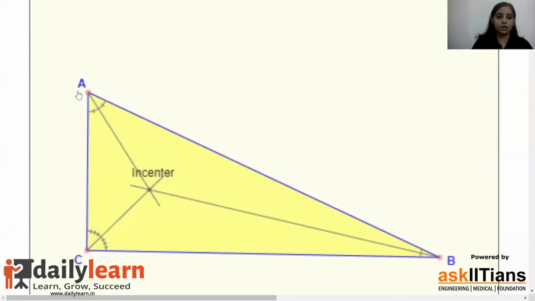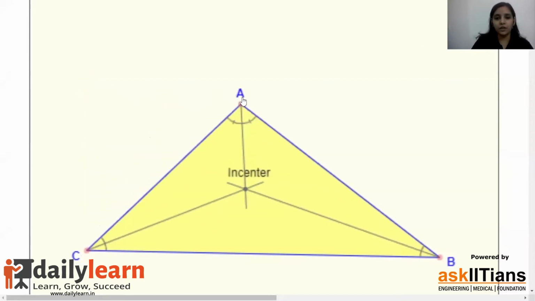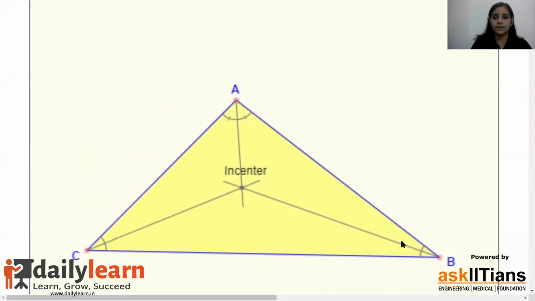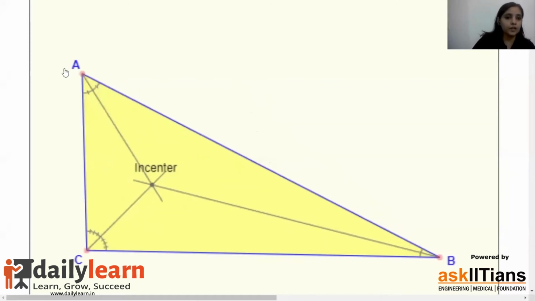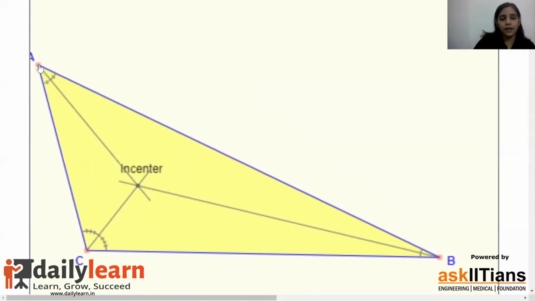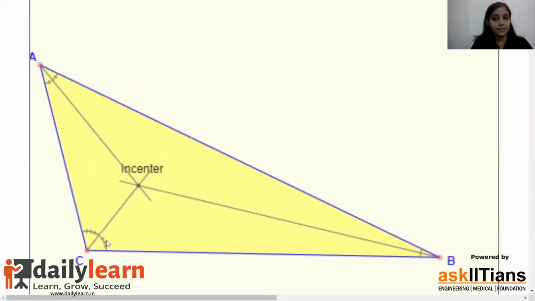Here we see that triangle ABC is a right angle triangle, and the incenter lies inside the triangle. Now, if I move this point over here, the triangle ABC is an acute angle triangle and still the incenter lies inside the triangle. If I move this side over here, ABC is an obtuse angle triangle and still the incenter lies inside.